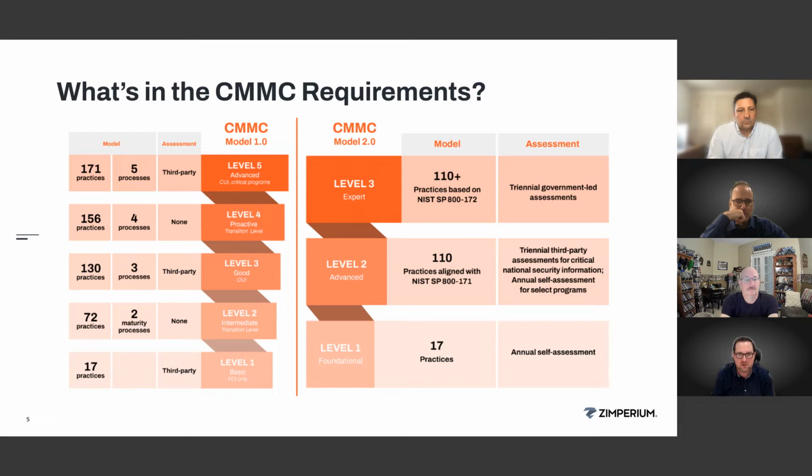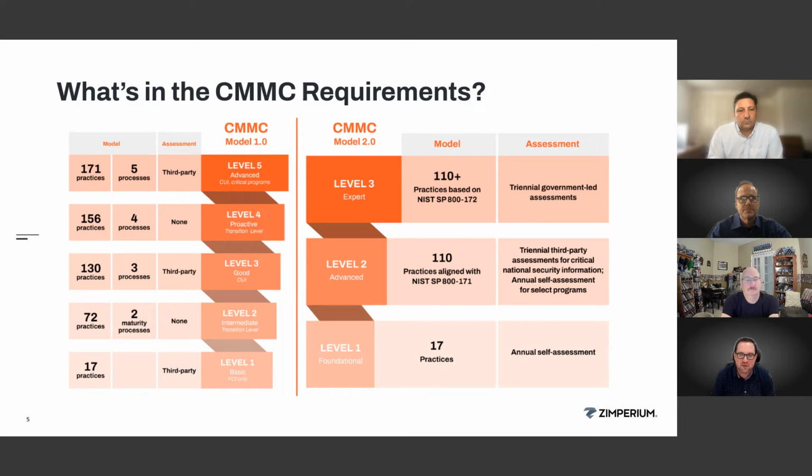So these are known as level 1 foundational. Up the graphic we go, level 2 advanced, and then finally level 3 expert. If we dig into each of these new levels for just a second, the new level 1 is comparable to the old CMMC level 1, but the key is that it now only requires an annual self-assessment and affirmation by company leadership.